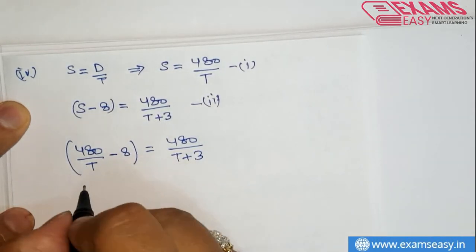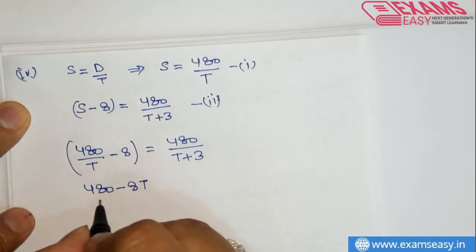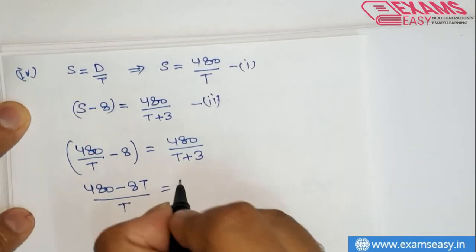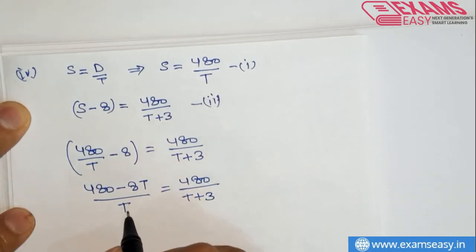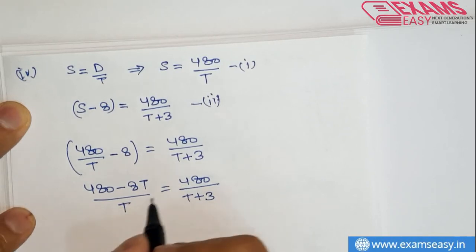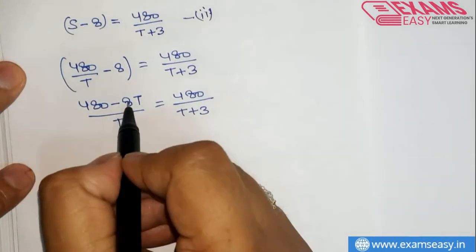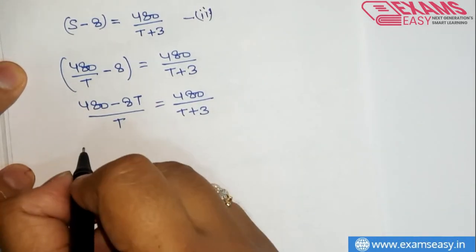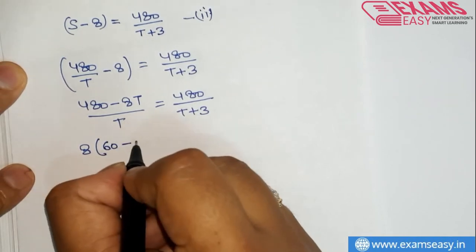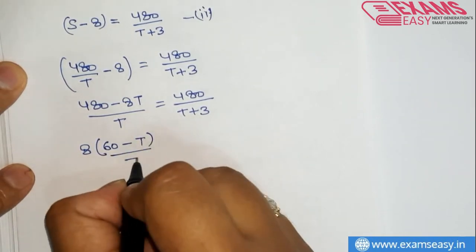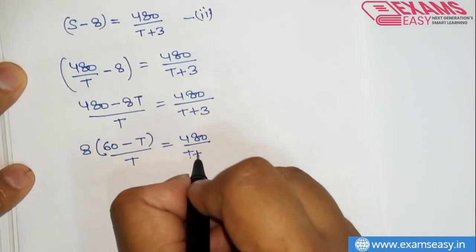Then we take the LCM, then it will become (480 minus 8t) divided by t is equal to 480 divided by t plus 3. Friends, if we cross multiply this, then our calculation will be very complex. So let us take 8 as common from this, then 8 is common, then (60 minus t) divided by t, and here 480 divided by t plus 3.